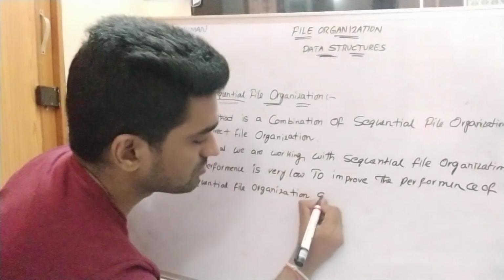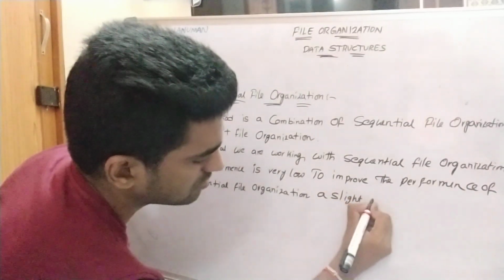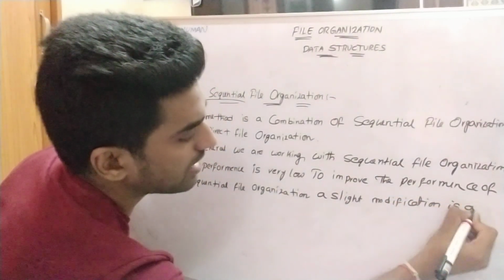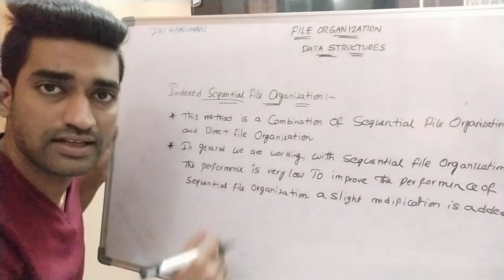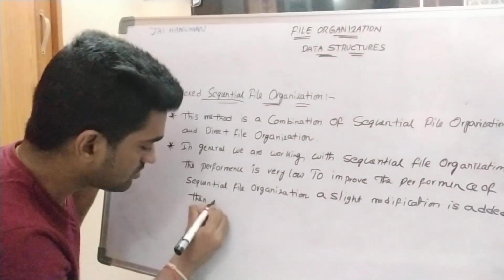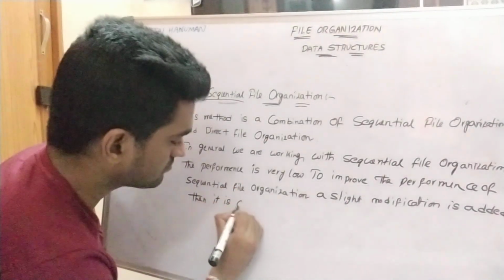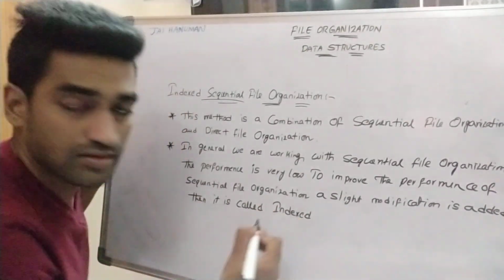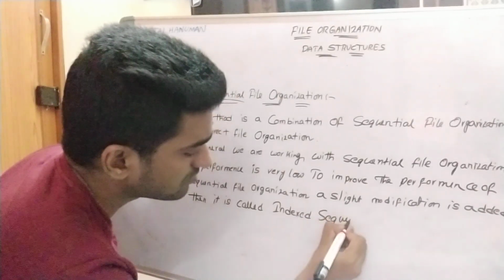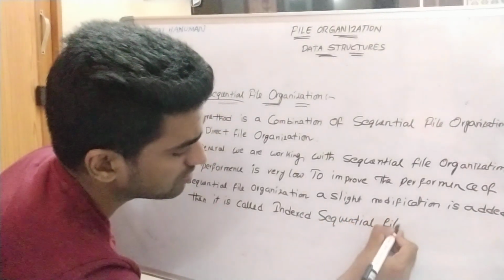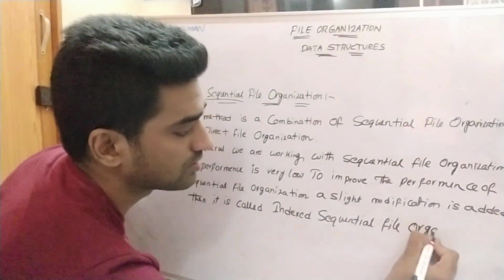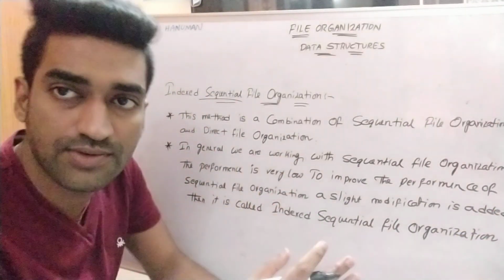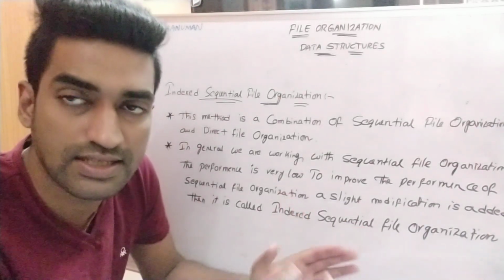So to improve the performance of sequential file organization, a slight modification is added to it, and then it is called indexed sequential file organization. So that file organization is called indexed sequential file organization.